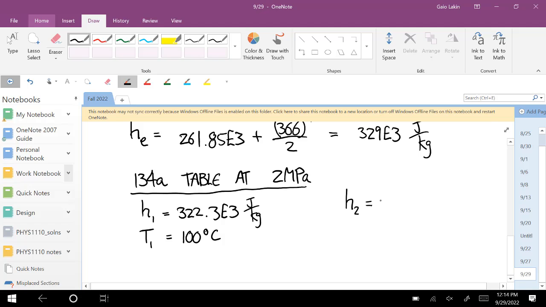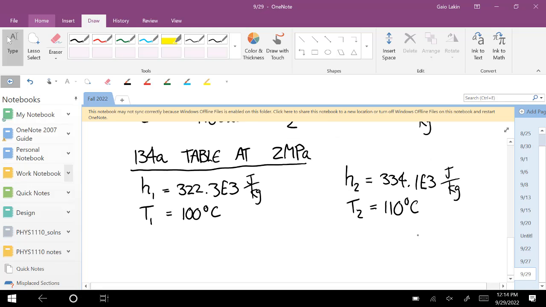And there's an enthalpy of 334.1 times 10 to the third joules per kilogram at a temperature T2 of 110 degrees Celsius. These ones and twos now are new. It's not the ones and twos I was using at the beginning. This is just for an interpolation.